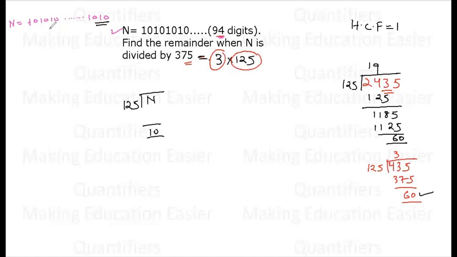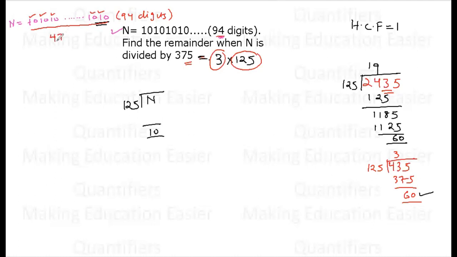But here we have to find the remainder. Now we can easily find the sum of digits, because it has a total of 94 digits. So obviously 1 would have come 47 times, so the sum of digits will be 47.